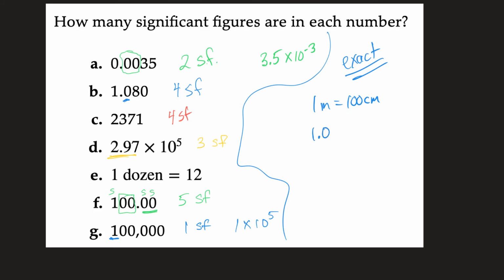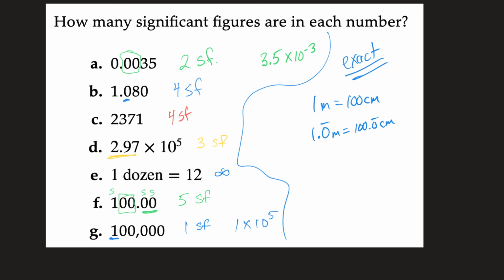Another way to write this might be 1.0 repeating meters is equal to 100.0 repeating centimeters. Exactly 1 meter is exactly 100 centimeters. So 1 dozen is exactly 12. So in essence, that has an infinite amount of significant figures, or unlimited significant figures.